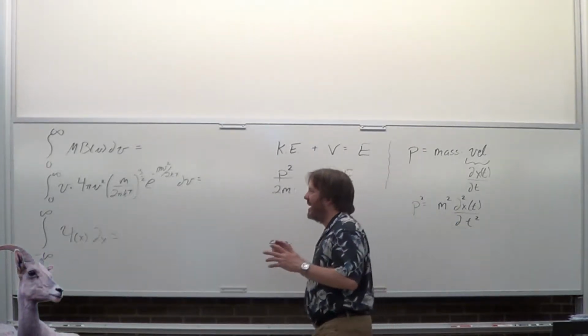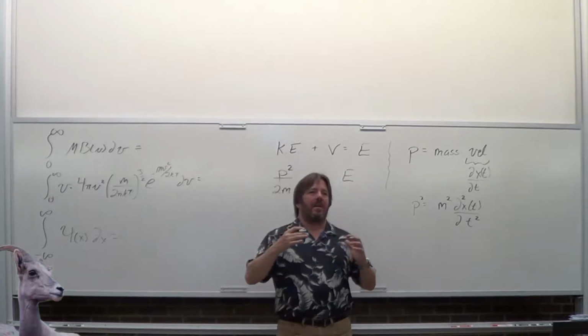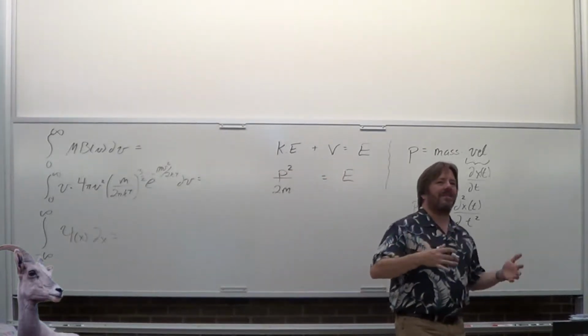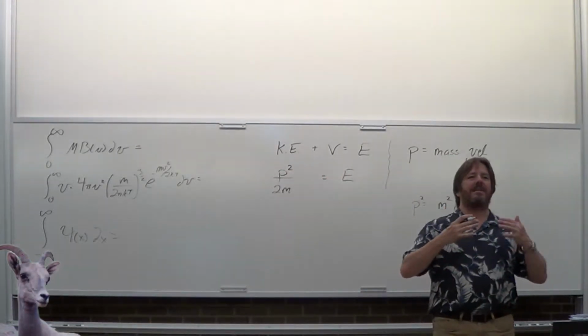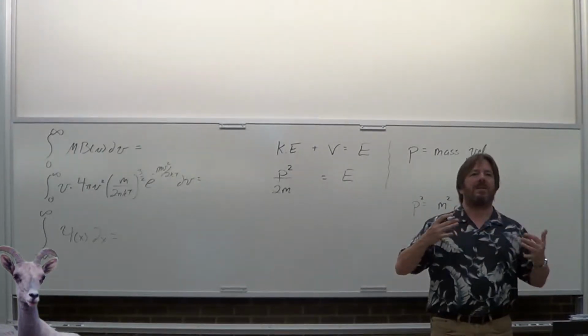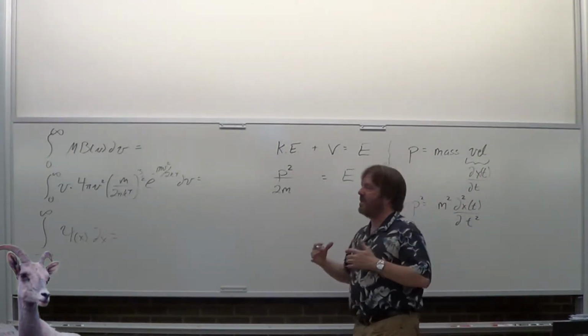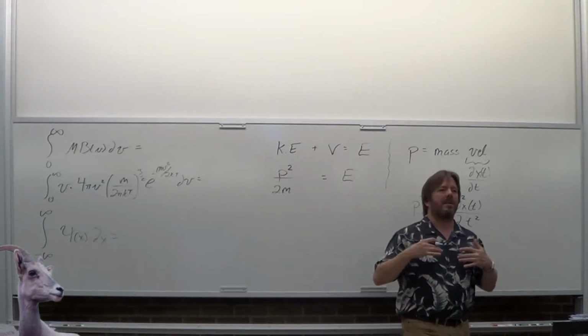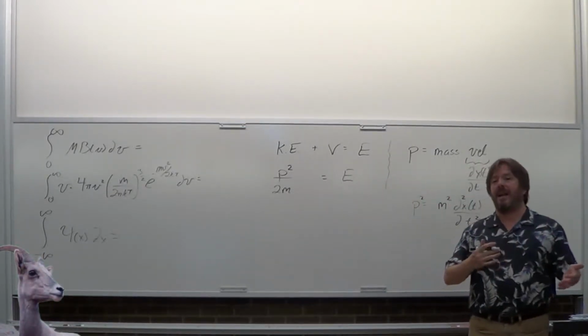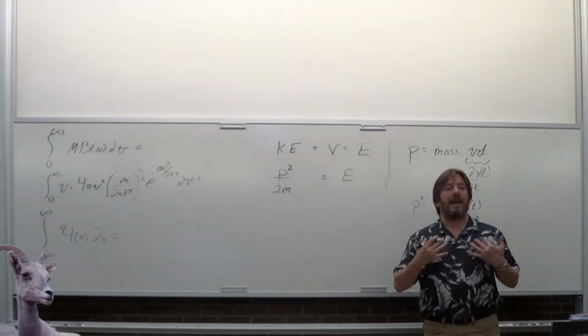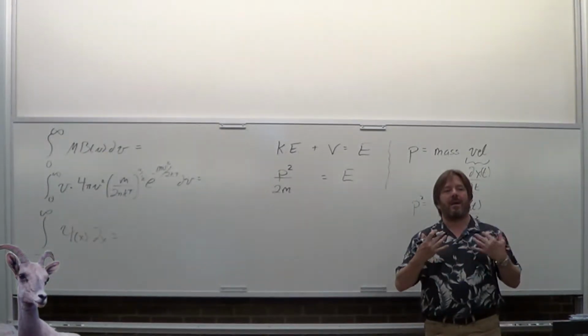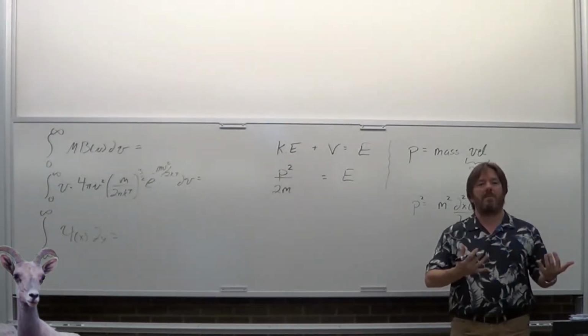Anyway, okay, so there's a reason we start this class with Maxwell-Boltzmann because it gets you immersed in probability. To be blunt, it really isn't that hard. It's just a bunch of constants. And quantum mechanics, which is really what this class is, is a paradigm of probability.